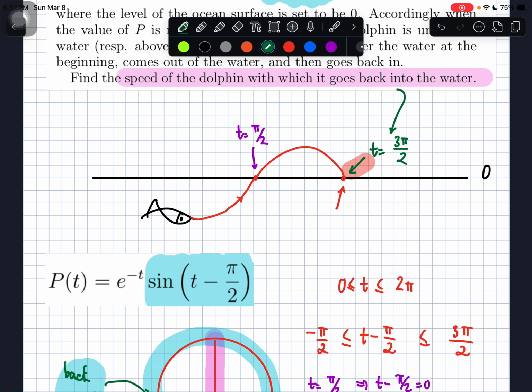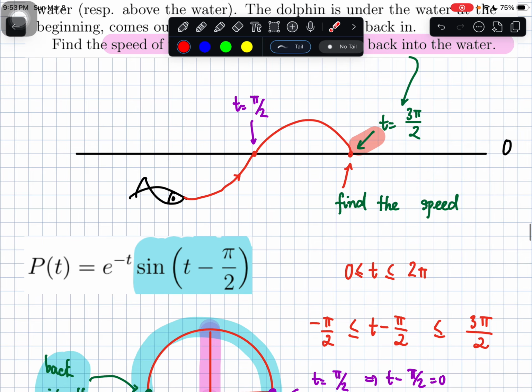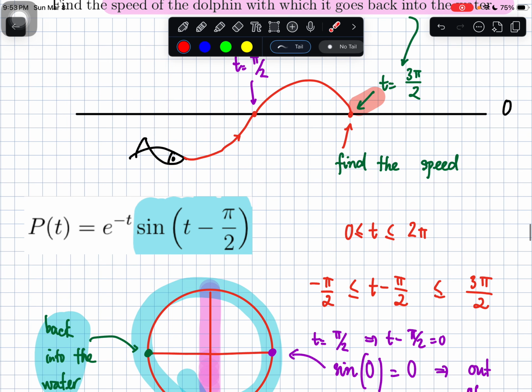And we need to find the speed of the dolphin. The speed is just the derivative of the position, p prime here. And the speed is the absolute value of the velocity. So we find the absolute value of p prime at t equals 3 pi over 2.